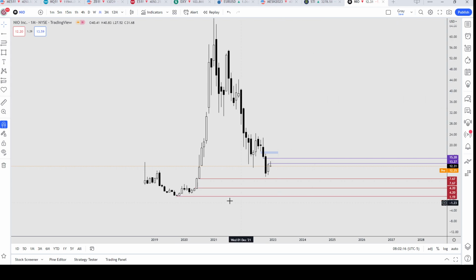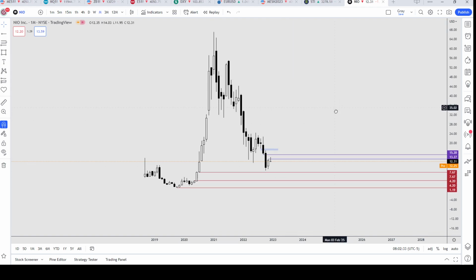Okay, it might just want to do that, right? But I'll just choose the easiest, nearest liquidity areas. Okay, so my target for NIO is 7.67. Okay, I think that's about it.